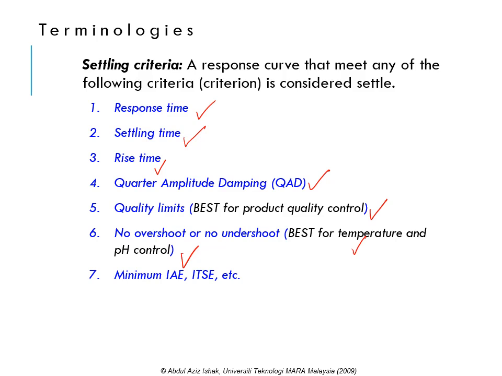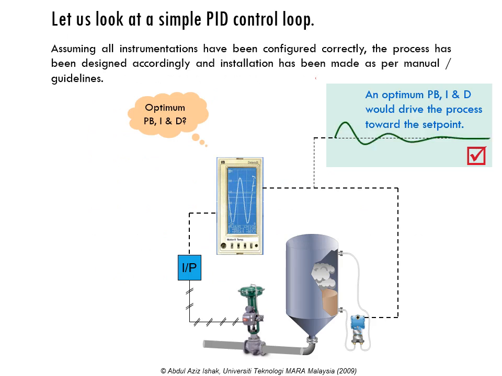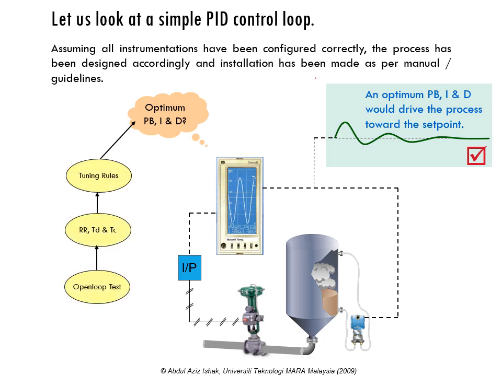And there are many more settling criteria, and it again depends on certain considerations of the objective in designing process control for certain processes. In brief, to design an automatic PID control system, an open loop test will be carried out to identify certain control parameters, namely the response rate, RR, TD, dead time, and also TC, the time constant.